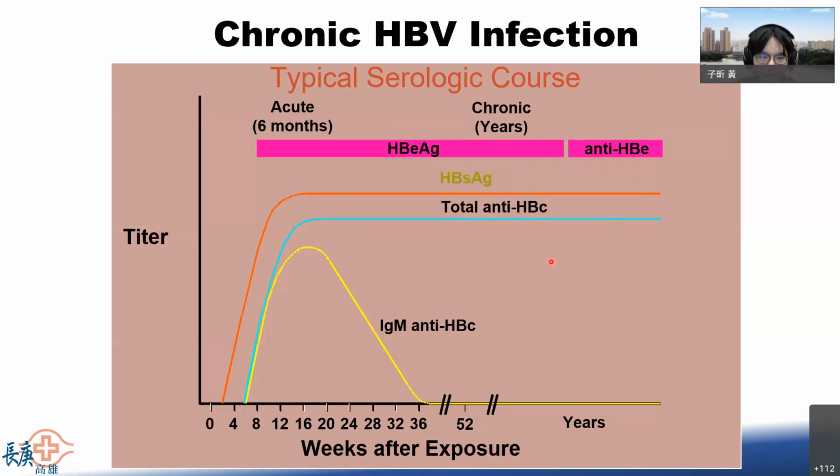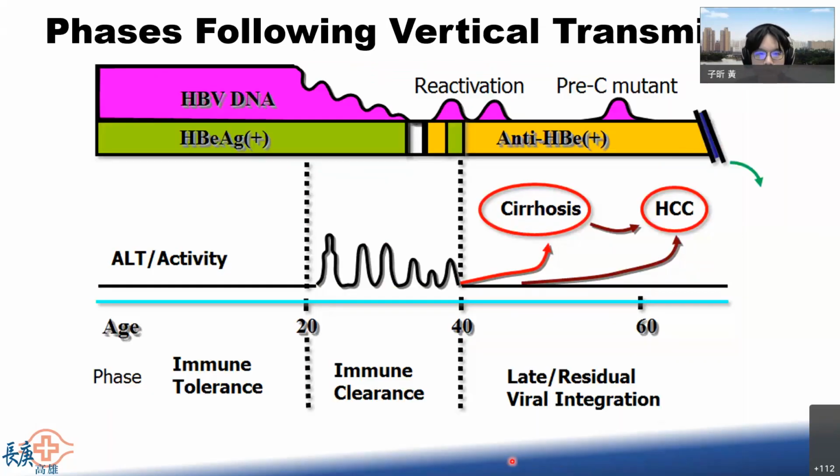And here, the IgM anti-HBc decreases after the acute phase. The total anti-HBc remains positive after exposure to HBV, but this patient does not develop immunity. The patient does not develop anti-HBs antibody. So this person does not have recovery, does not have immunity, and this patient is chronically infected by HBV.